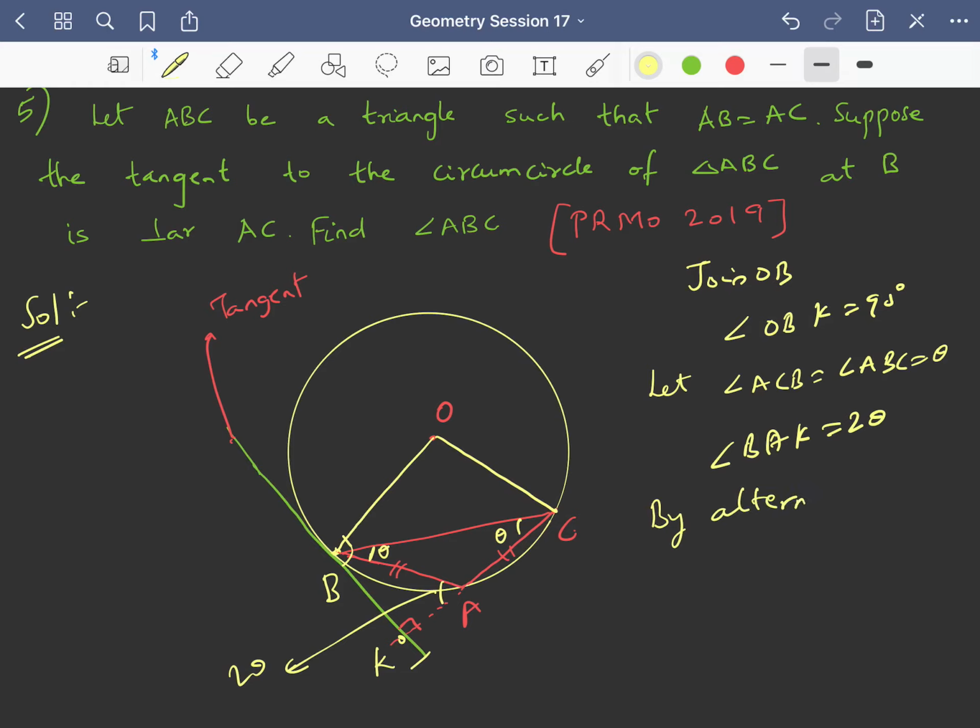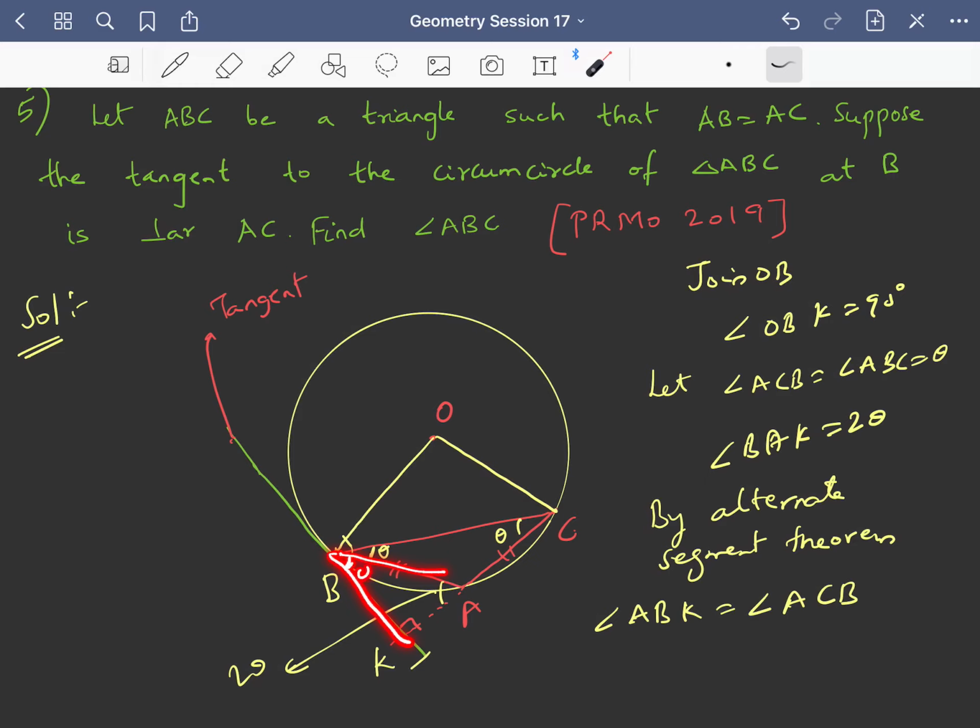So by the alternate segment theorem, angle ABK is equal to angle ACB, so this is equal to theta.